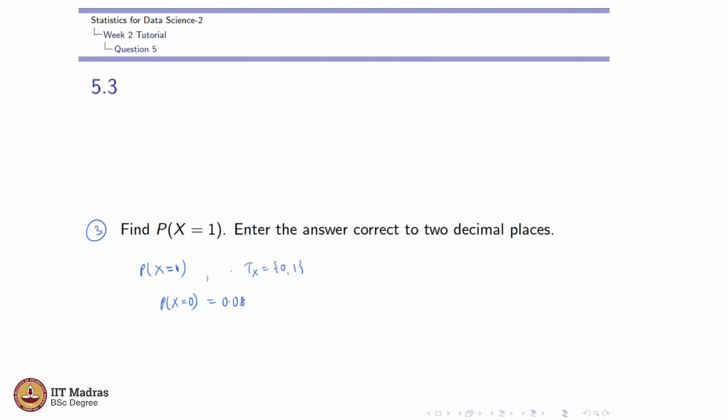Since X takes just two values, 0 and 1, the probability that X takes the value 1 is 1 minus P(X=0). This is 1 minus 0.08, so it is 0.92. This is your answer.